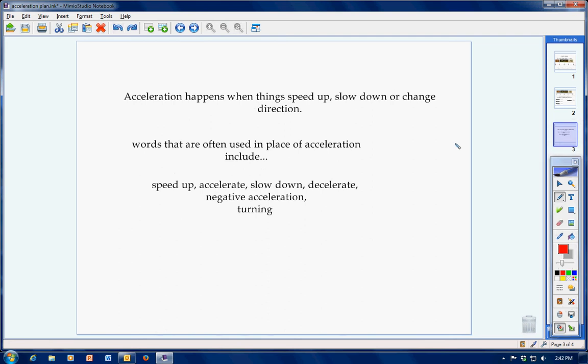Now, acceleration happens when things speed up, slow down, or change direction. In this class, we're usually going to give you examples of things speeding up or slowing down. We're probably only going to give you word problems that have changed direction, but no actual math.